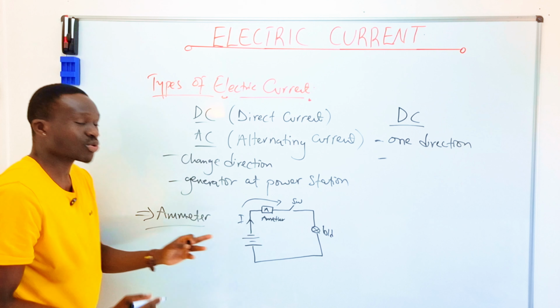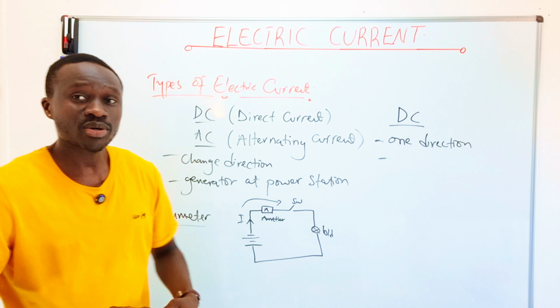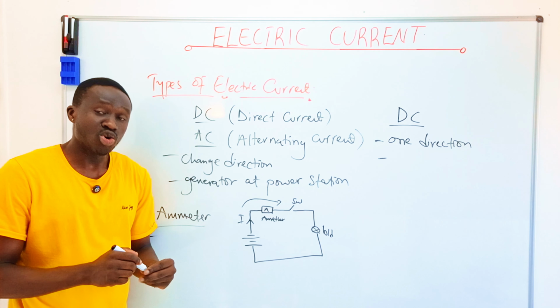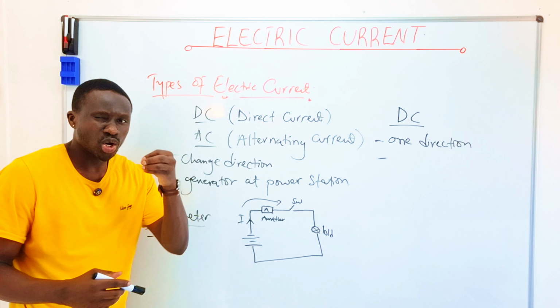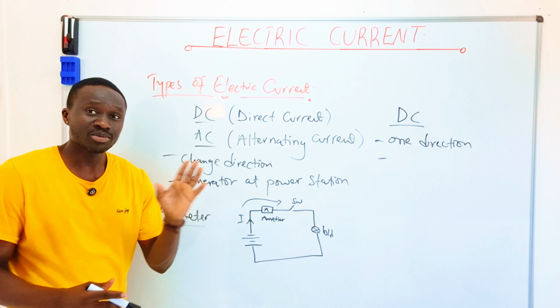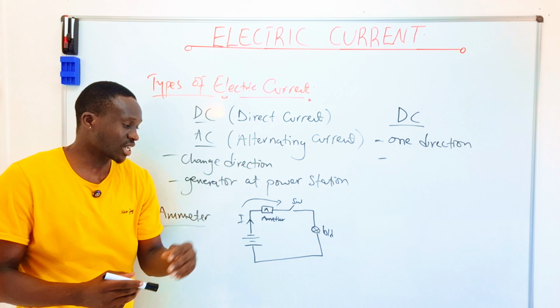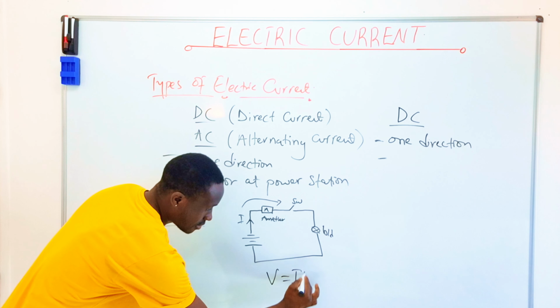Remember, the ammeter has low internal resistance. Remember, when power is moving, with no resistance we shall have resistance. That's why I told you this formula.